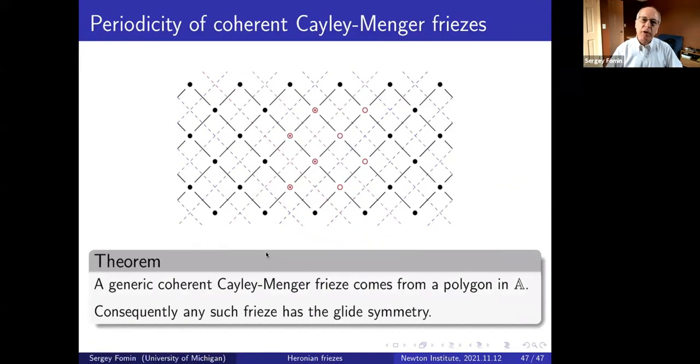Therefore, it has glide symmetry, and in fact, you can build the entire cluster pattern, which again will have all the properties that we like. And so, what does it mean in cluster terms? It means that somehow we started with a cluster. We didn't know how to mutate away from it because there were choices. Let's make arbitrary choices for just mutating once, right?